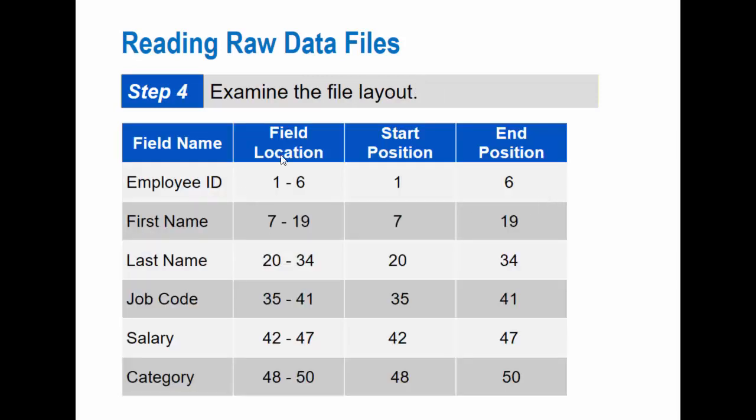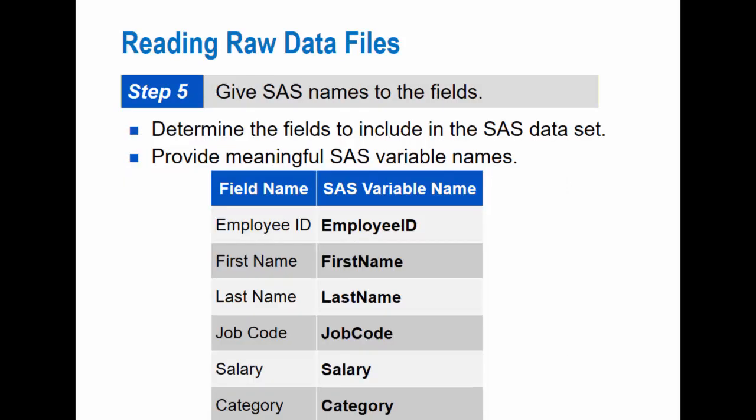So here is the field location: employee ID, first name, last name, job code, salary, and category. Start position, end position. We have to know that. Then only will we be able to bring the data in.